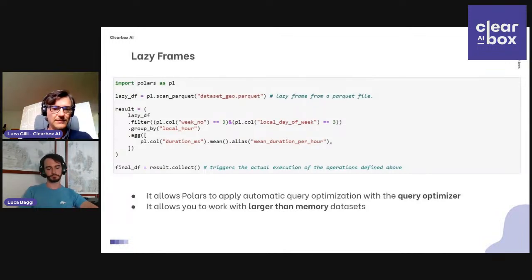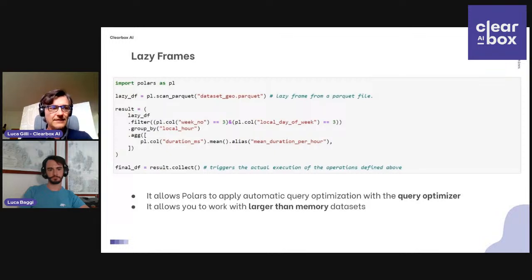Then I'm telling it to group these columns by hour of the day and to collect aggregate information about this data frame. All these operations happen when I call this collect function.